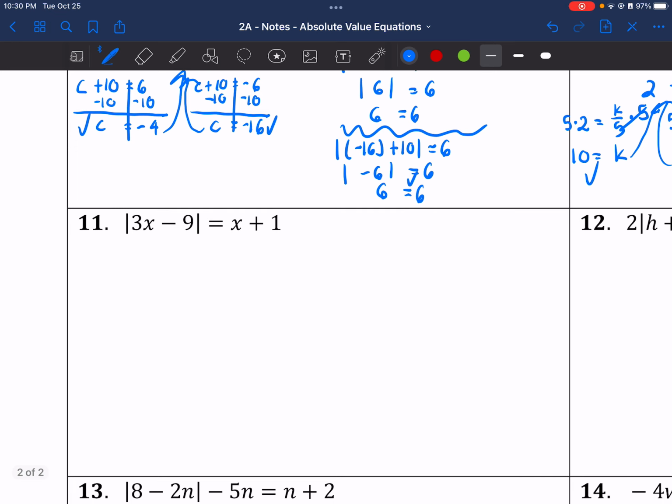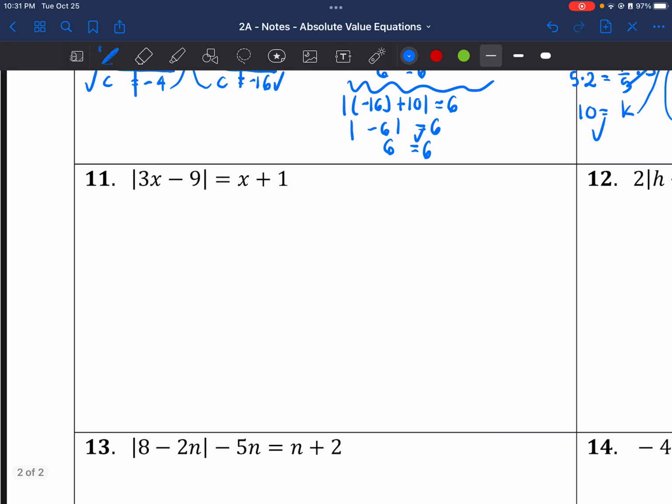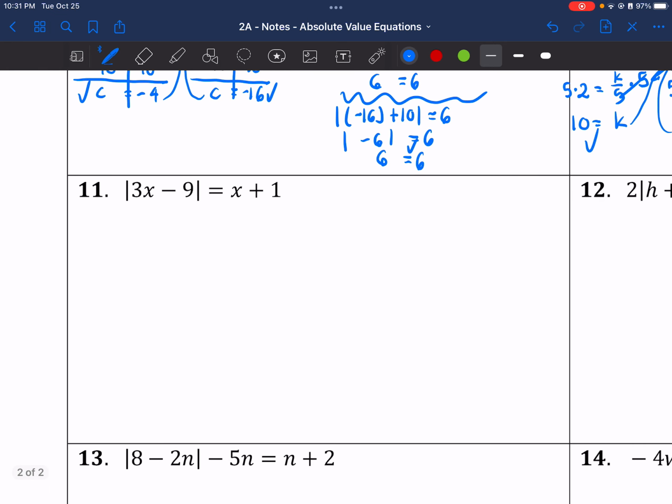Now, numbers 11 through 14 are where it gets a little bit more challenging. So if you are having problems with this, please pay attention. We want to make sure that we isolate our absolute value expression. That means whatever is inside our absolute value brackets.